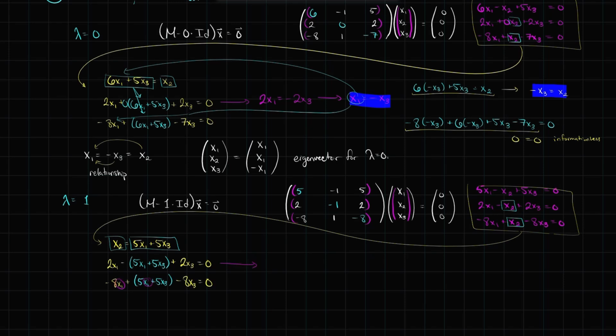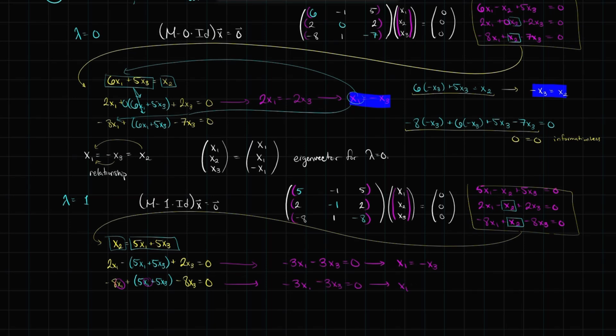Combine my like terms, it looks like I've got 2 minus 5x1, so that's negative 3x1, and then another 2 minus 5x3, negative 3x3 is 0, or in other words, x1 is negative x3. If I use that in my bottom row, I have negative 8 plus 5 is negative 3x1, and negative 8 plus 5 is minus 3x3 equals 0.